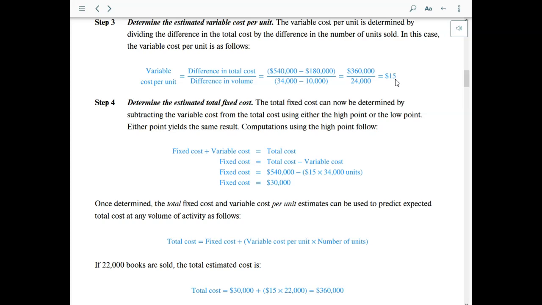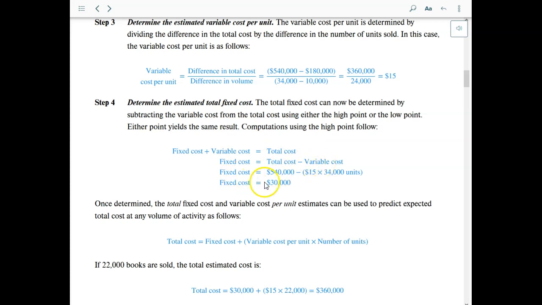Once you have this, you can find out, then what is my fixed portion of the total cost? Well, fixed cost plus variable cost will equal total cost. If you now know that, you can switch this around, you can take this, subtract from both sides, and it comes over here, just simple algebra.